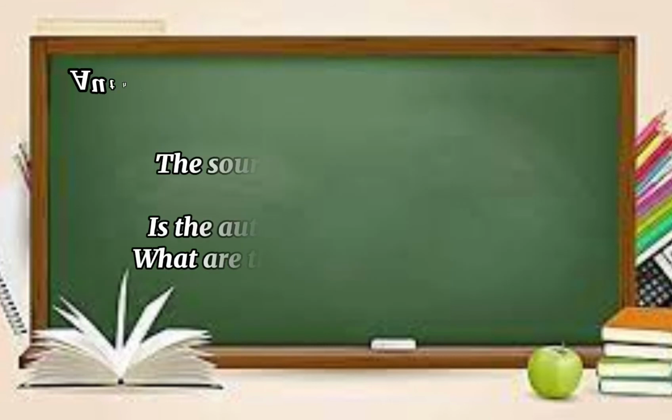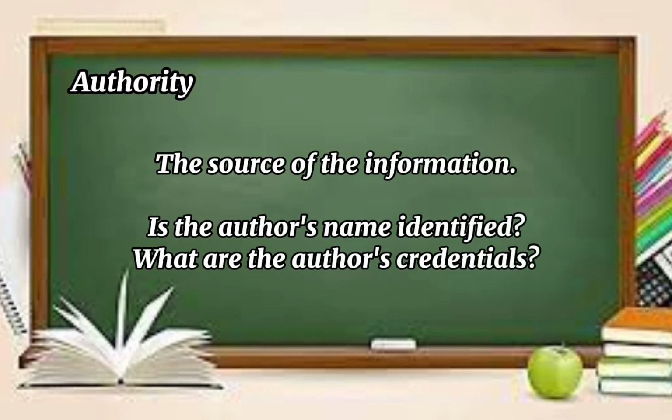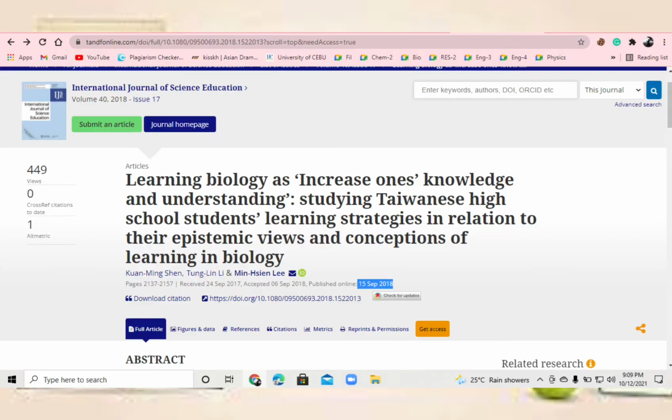The third criteria is authority. In order for us to know that the author is credible and valid, we need to check first the author's name. Obviously, in this source, we can find the authors are situated beneath the title of the source. In this case, we have 3 authors. Now, in order for us to know if these authors are credible and have credentials that can support their claims, we can click or point our arrow on their name and see if they do have credentials.